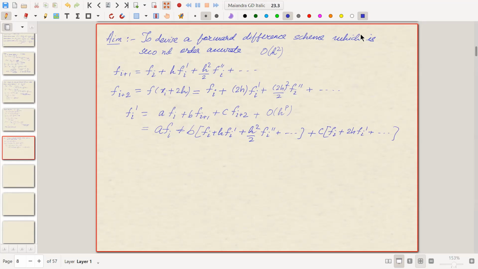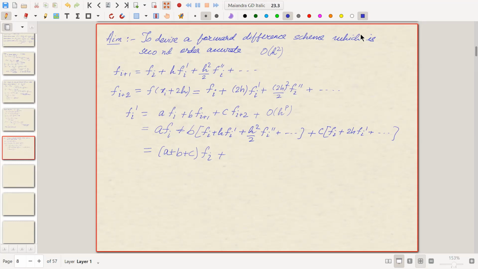Just eyeball that equation. Can I write this? Everyone okay with this? See, A f i, then B f i I am taking, C f i I am taking, all those. Can I gather similarly the f i prime terms?